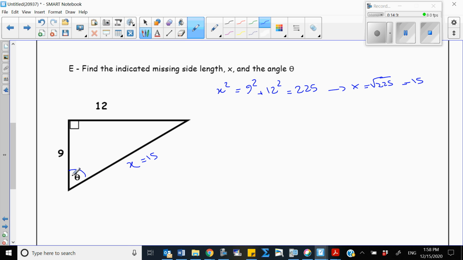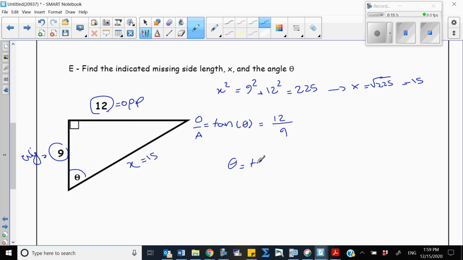Now, how do I find this angle? Use the given data, 12 and 9. This one is the opposite side of theta, and the other one is the adjacent side of theta. Using opposite and adjacent, I can find tangent. So tangent of theta is opposite over adjacent, so it's equal to 12 over 9. I have an angle whose tangent is equal to 12 over 9. Now, what is that angle?